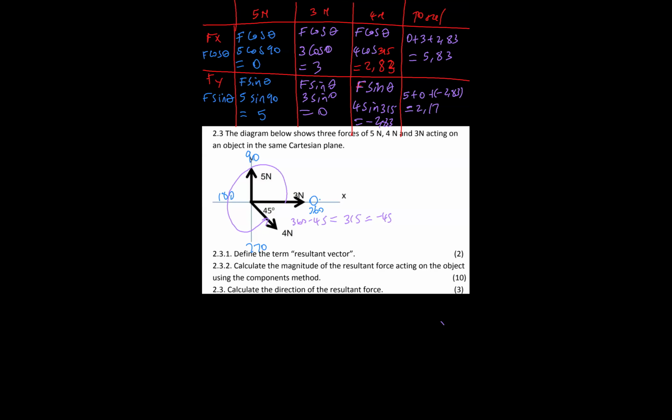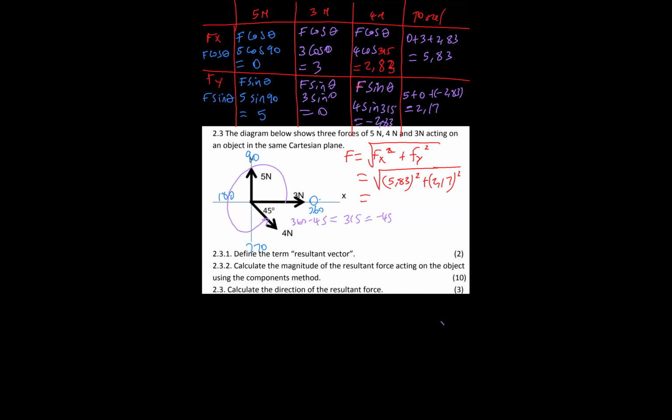We go straight to the formula now. F equals the square root of Fx squared plus Fy squared. Our Fx is 5,83 and Fy is 2,17.